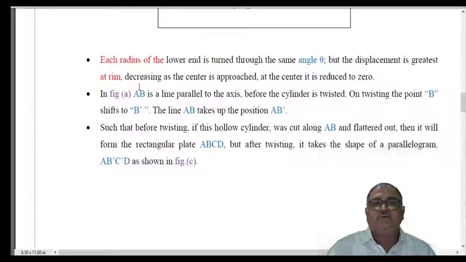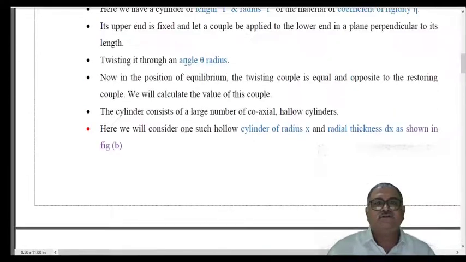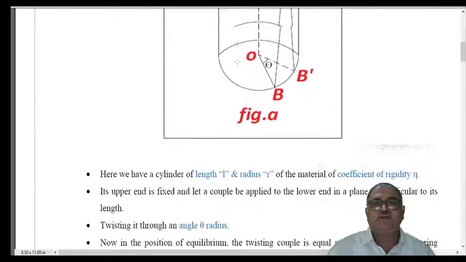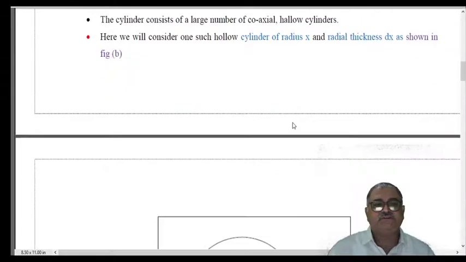And therefore, by this figure A, see now in this figure A, again we are able to see that if this is the initial position before twisting OB, it takes a position OB dash.